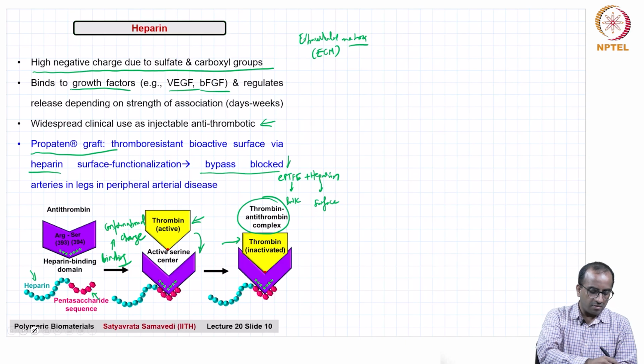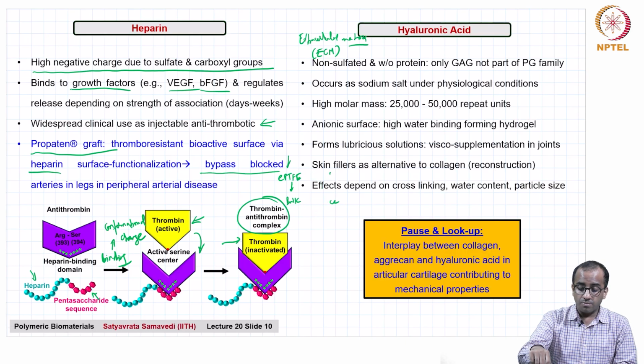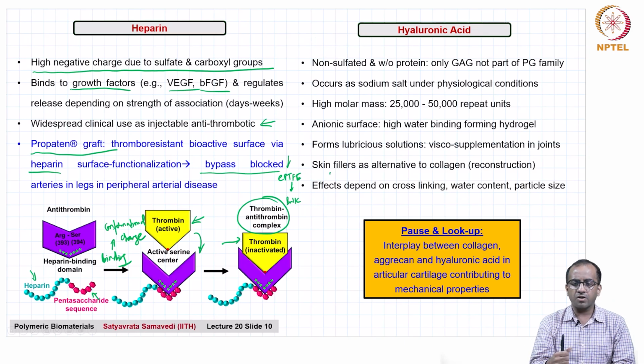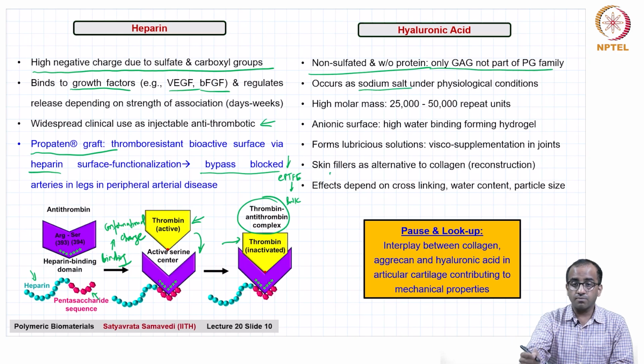The last polymer under this natural polymer set that we will look at is a polymer we have just alluded to, which is hyaluronic acid, which, like I said earlier, is one of the only GAGs that's not part of the proteoglycan family. It's non-sulfated and is not associated with a protein. Typically, under physiological conditions in the body, it occurs as the sodium salt.